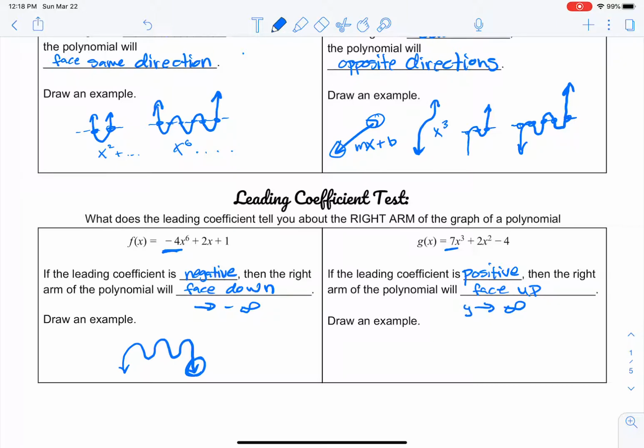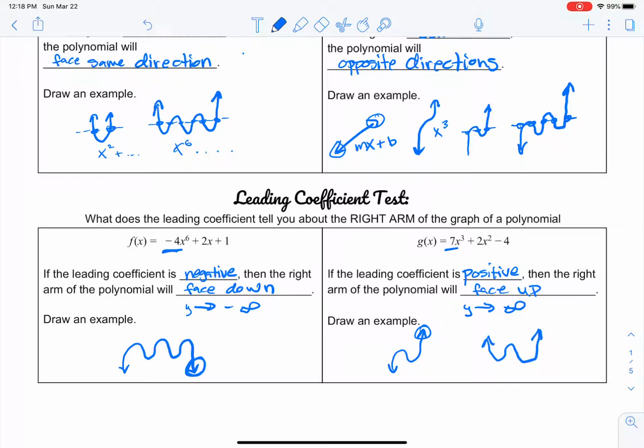So this is really y going toward positive infinity or y going toward negative infinity, again, how we describe end behavior. So an example of that with an odd degree, you would have something like that, ending on a high note. So this rightmost value, when we look at that arrow, is going up toward positive infinity. If you have an even function, then both arms are going to face up.